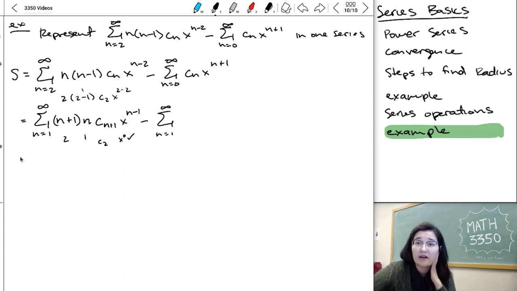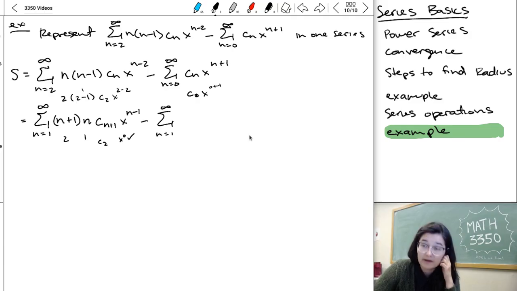The other way you could think about it is when I subtract 1 on my sums, I'm going to add 1 to every n inside. So when I take this n equals 0 up to n equals 1, I started with c0 times x to the 0 plus 1 power.